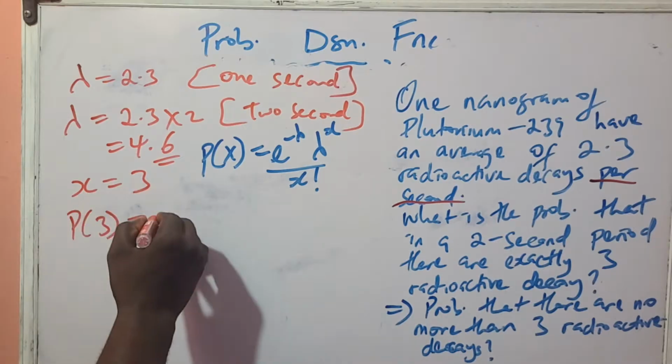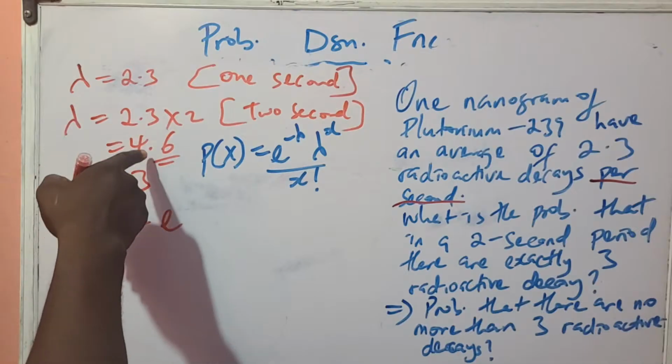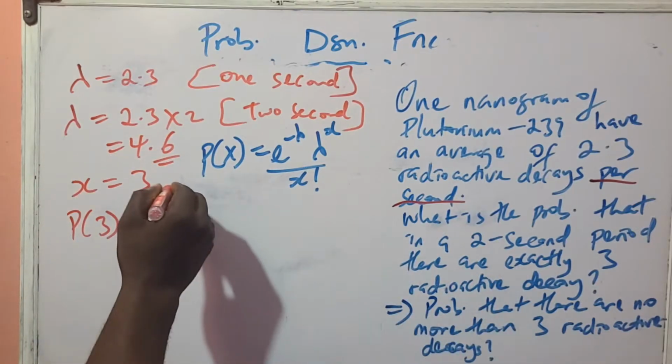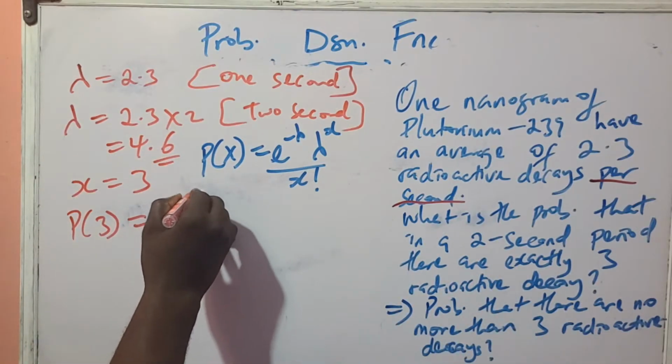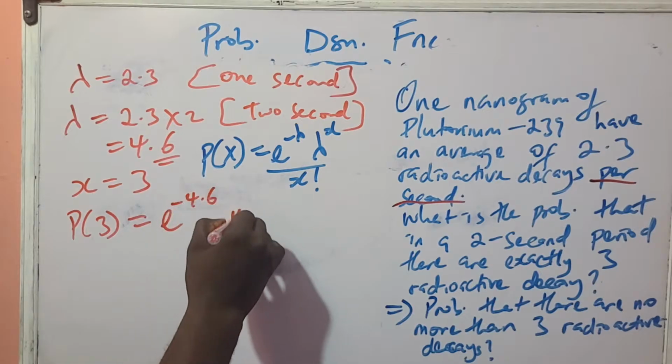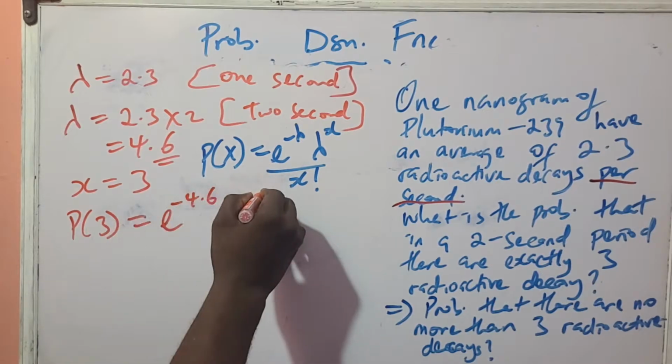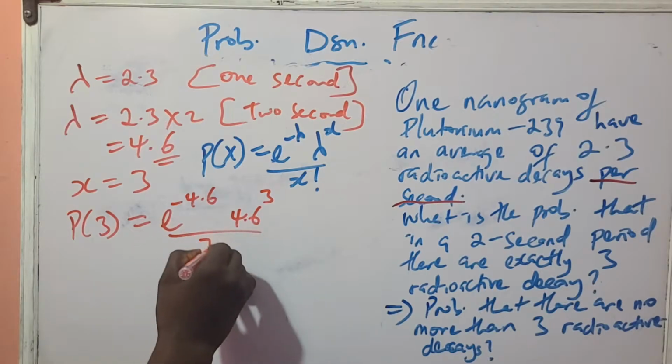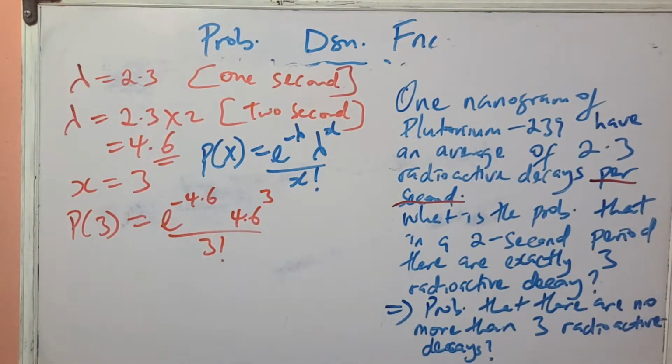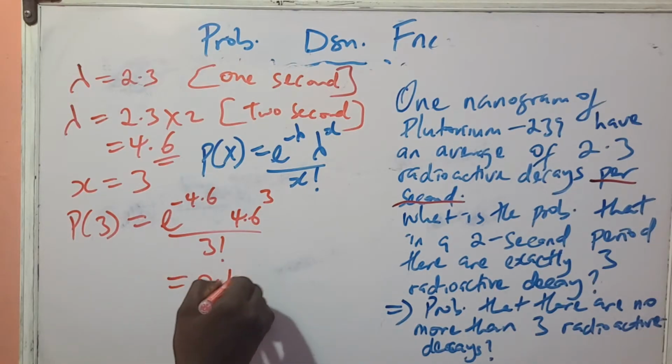So this will be e raised to the power minus 4.6, because you are dealing with the 2-second period. Then we have 4.6 raised to the power of x, which is 3, over 3 factorial. If you go on to press this on a calculator, I'm sure you should get an answer of 0.163.